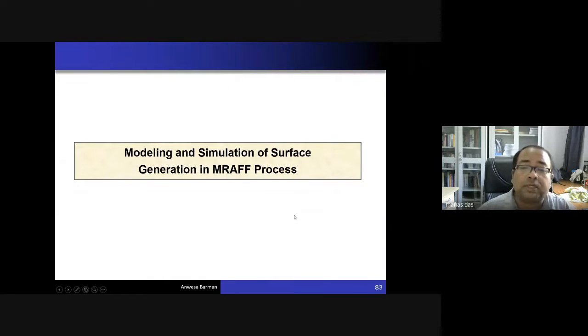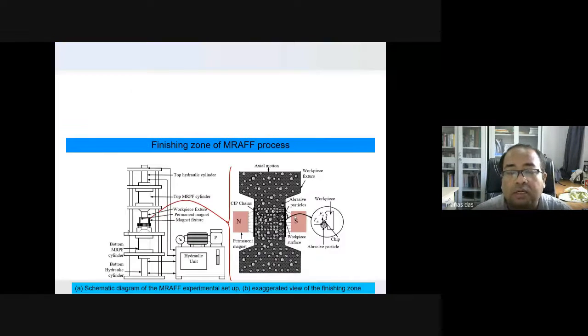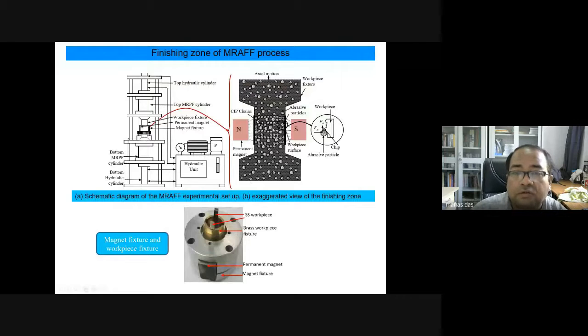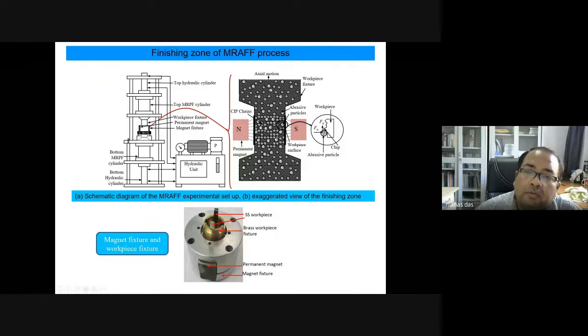Here we have considered only the MRAFF process without any rotation. This is the finishing zone I already told you about. We have considered this zone as zone 1, and this zone as zone 2. In zone 1, for the initial velocity, we measured the average velocity from the piston movement and the volumetric flow rate, which shows how the flow is moving.